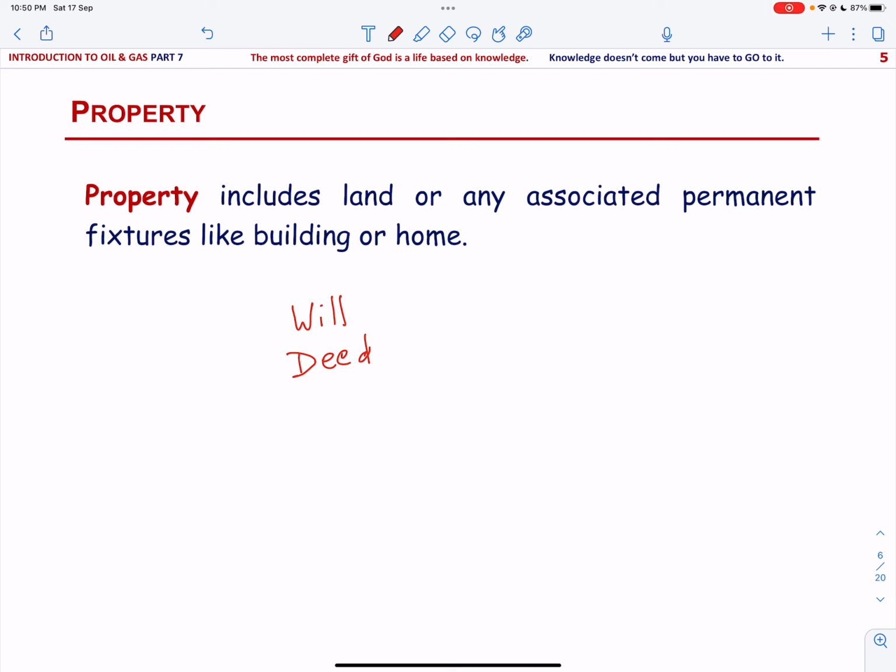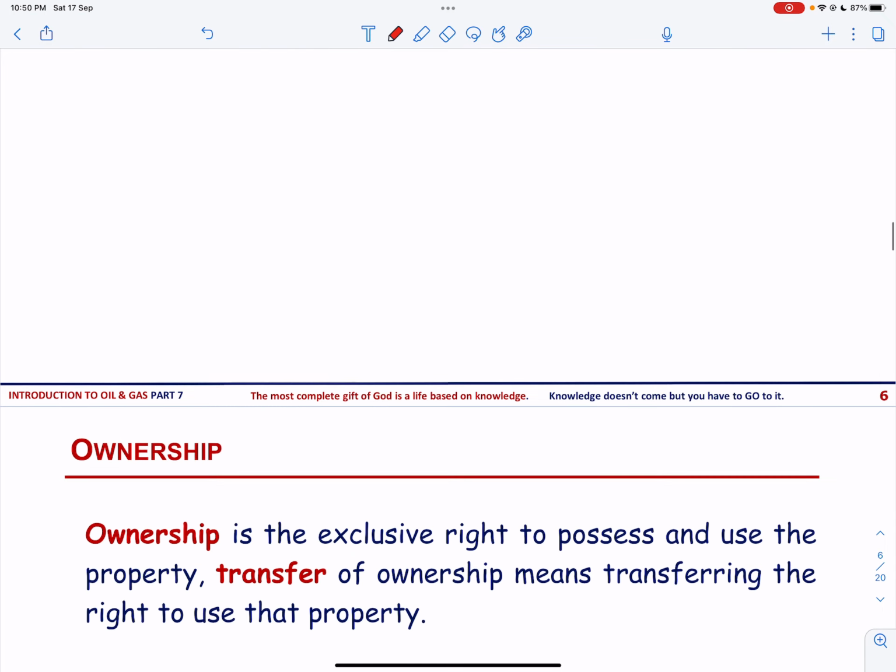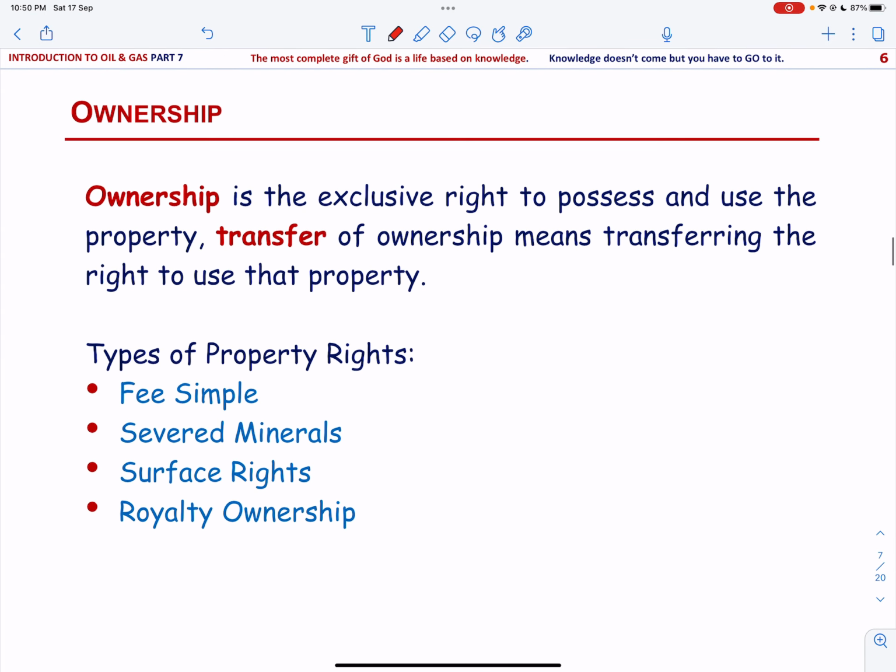There are four main types of ownership with minerals, also called property rights, and let us talk about each one of them in the next slide.